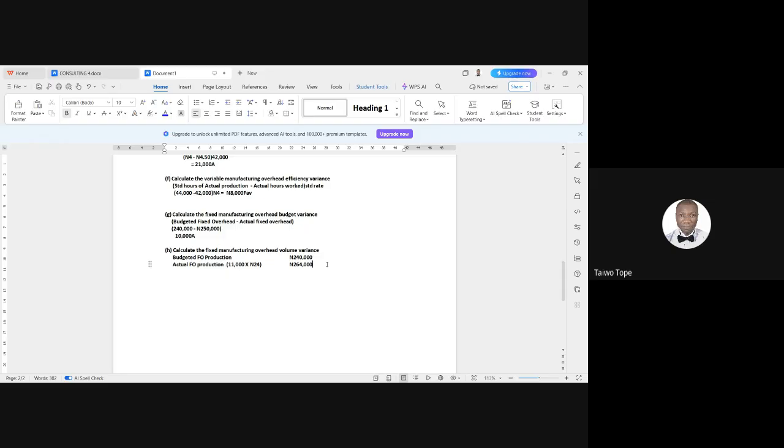This fixed manufacturing overhead volume variance measures the effect of producing more or fewer units. You can see the word volume there. It measures the effect of producing more or fewer units than the budgeted, than the normal capacity.